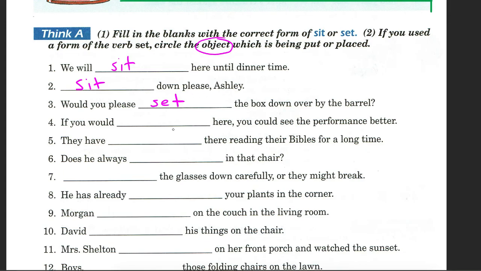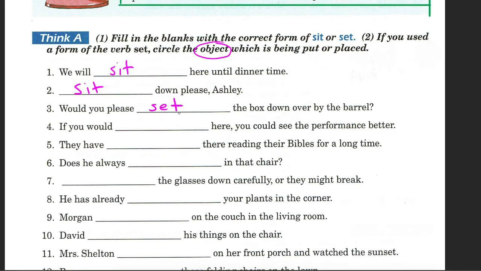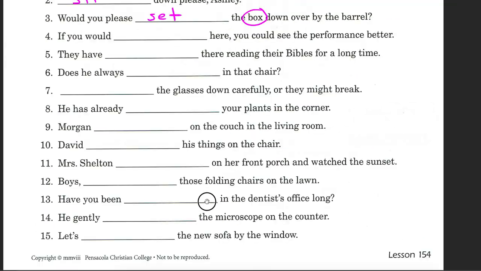Because set is for when you're doing it to something else. So what is the object? Since we use the word set, we have to circle the object. What are we setting down? Well, it's the box, right? We're setting down the box. So that's pretty much what you would do in Think A.